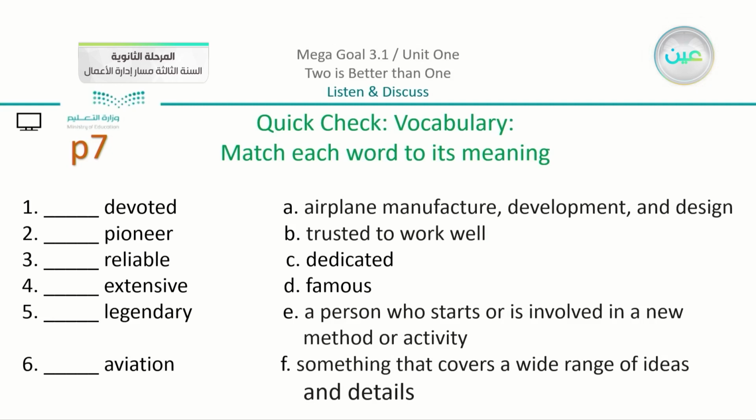Now what did this person do? He or she started or is involved in a new method or activity. Sometimes you can just highlight the words person and activity and join them together. F, we have here the last one, something that covers a wide range. Just put in mind the word wide.